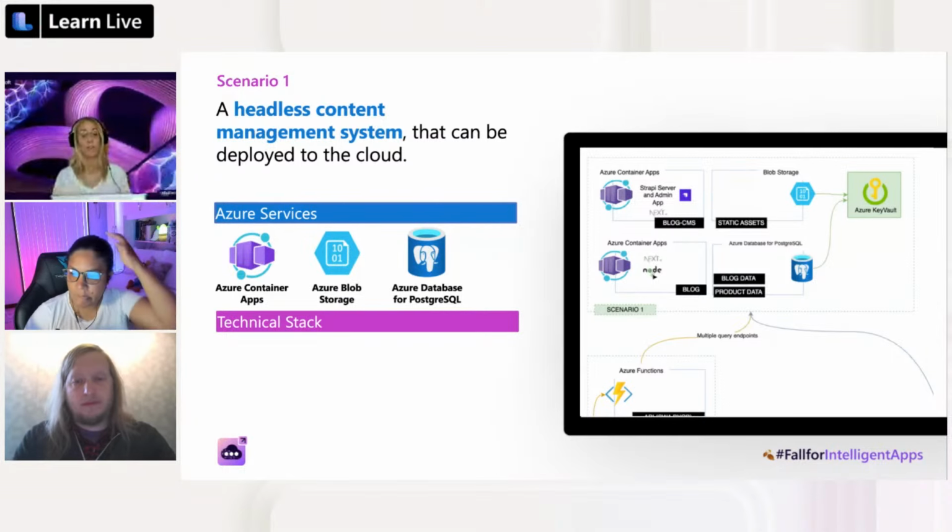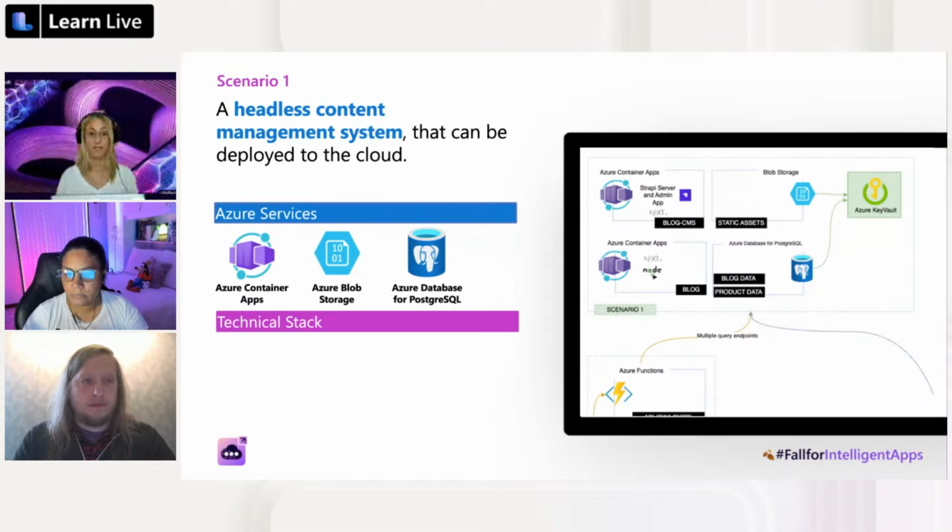Now, we also needed a service to store unstructured data, like binary files, and PostgreSQL was used for the structured data. So for the binary files, we selected Azure Blob Storage, and for structured data, we selected PostgreSQL, or Azure Database for PostgreSQL.